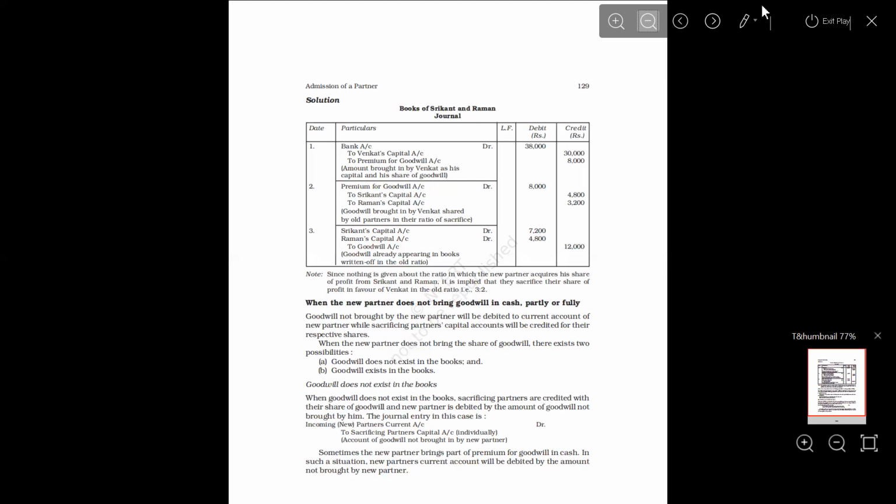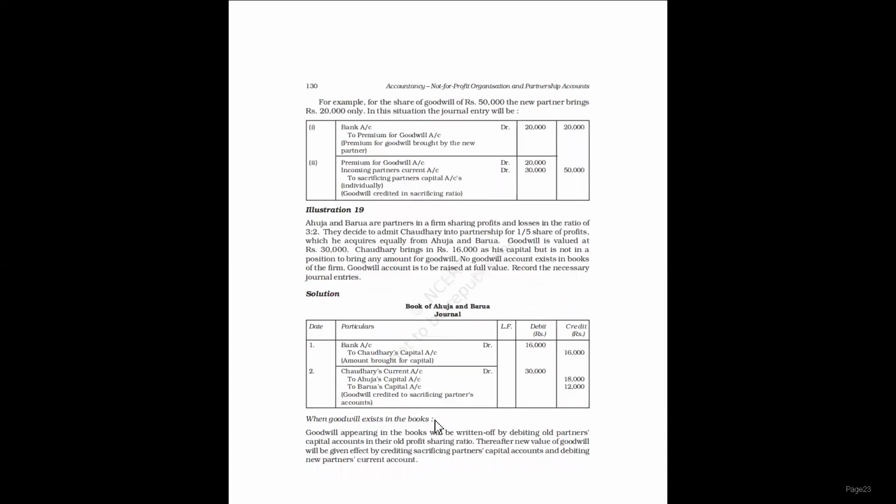Listen, this means the goodwill amount is not brought by the partner. In this situation, the new partner's capital account is debited to the old partners' capital accounts. This amount is shared by the old partners in their sacrificing ratio. For this, see illustration 19.